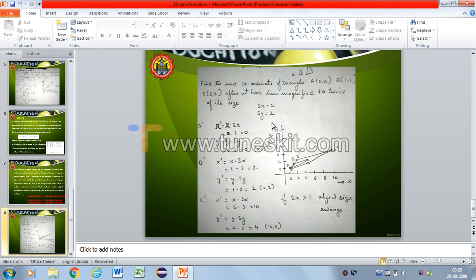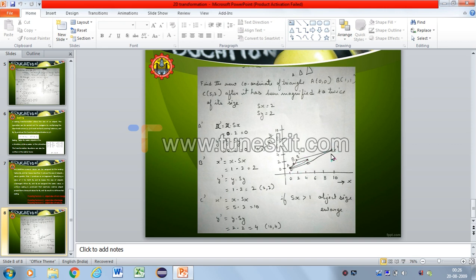Now remember the formula: when the scaling factor value is greater than 1, it means the object will be enlarged. Yes, the same we perform here. Now see, in this example you have seen there is a small triangle, this one, and this is the biggest triangle, right?